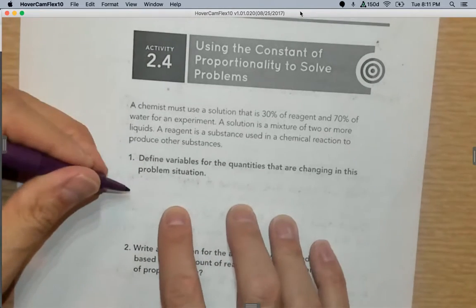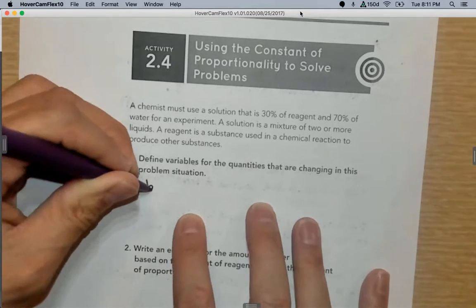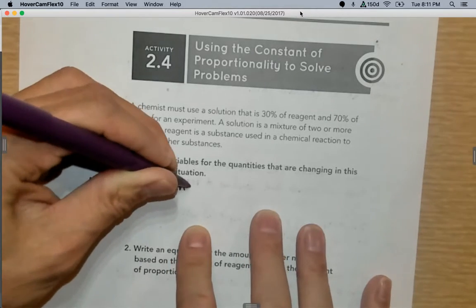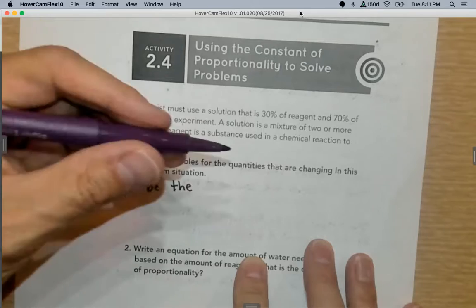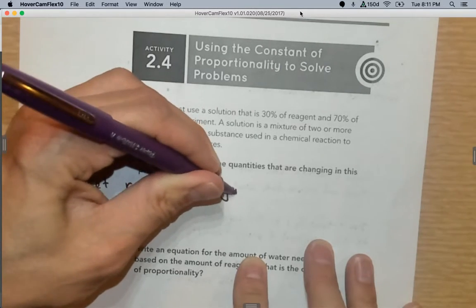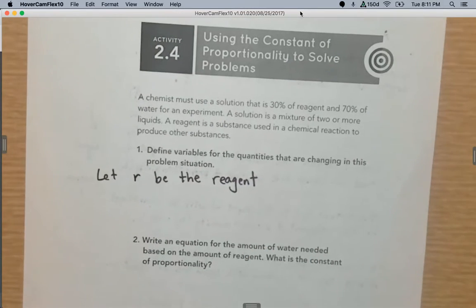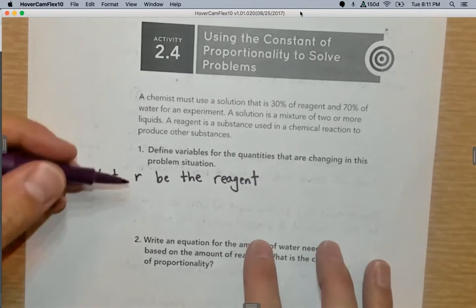Okay, so let R be the reagent. And usually that is in like milliliters, but it could be in something different.